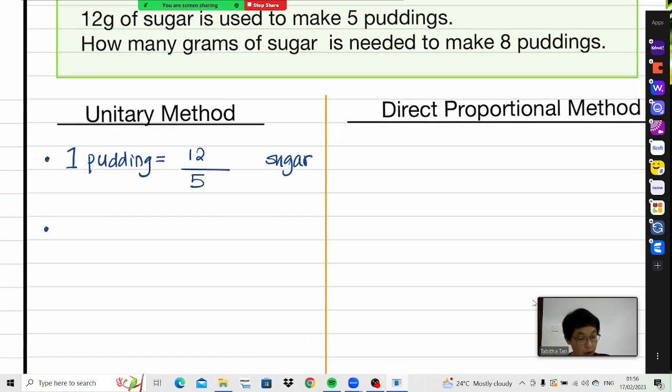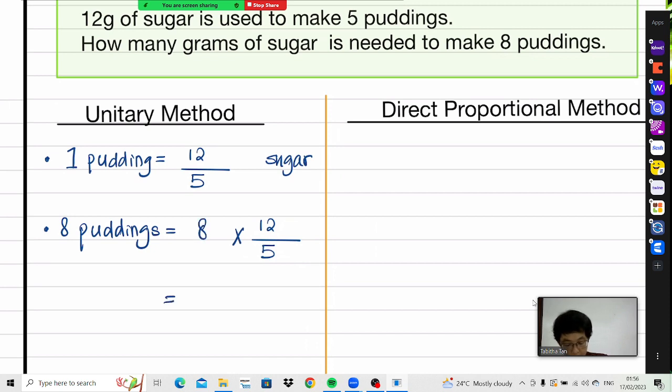Now you move on. You now want to make 8 puddings, so 8 puddings require how much? You just take this amount of sugar and multiply it by 8.